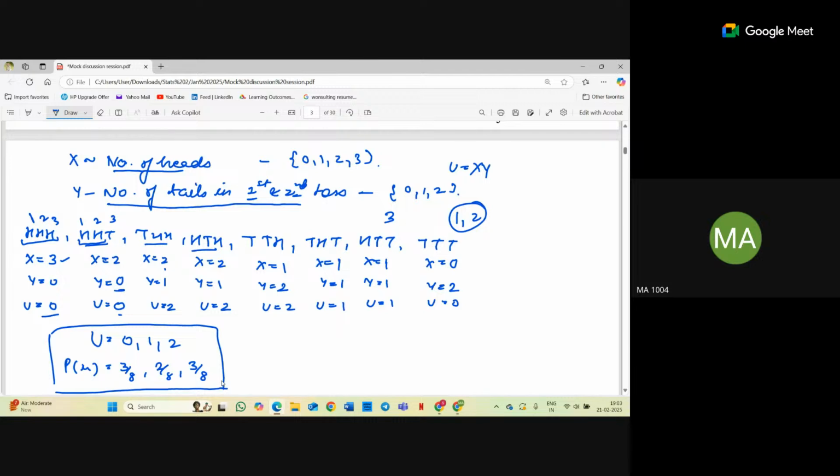Why is that? No tails, which means the last tail happens last. Depending on the condition, you have put the value of y. Now I got it, ma'am.